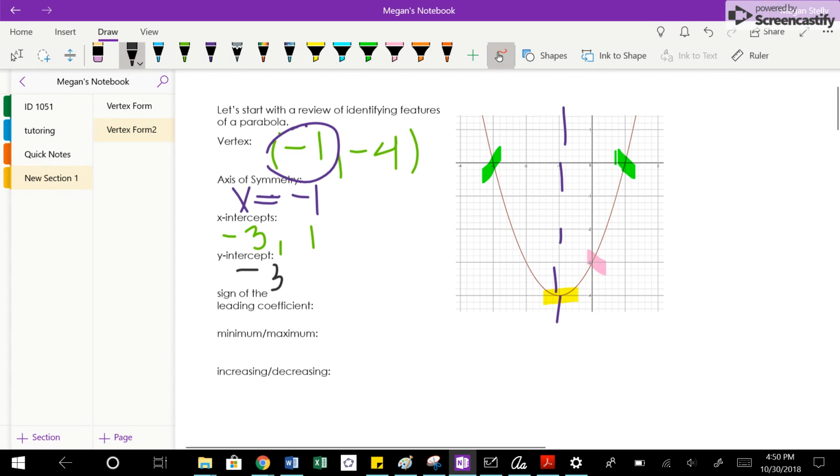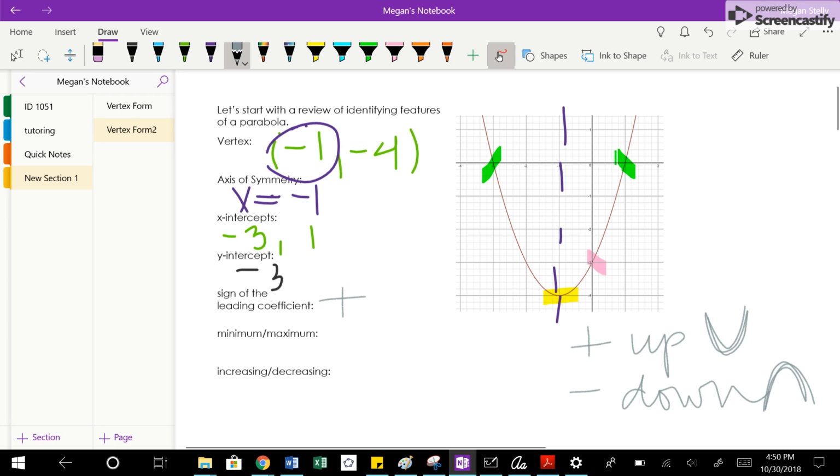Now, the sign of the leading coefficient. Remember, if it's positive, it opens up. And if it is negative, it opens down. So this graph is opening up, right? It has that U shape, whereas down would be the upside down.